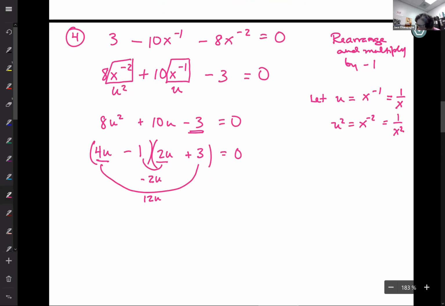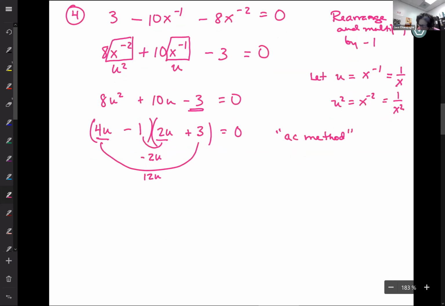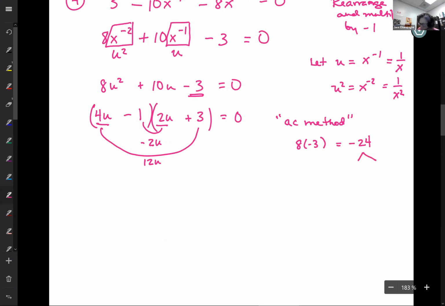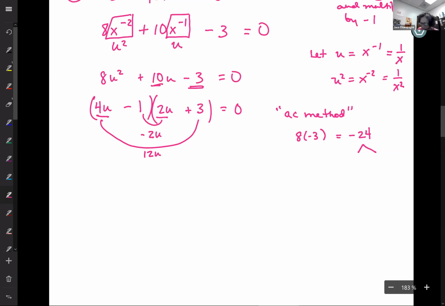The AC method, just to review that, if you prefer that, is where you take a times c, which would be 8 times -3, which is -24, and you break it back down into two numbers that add to give you 10, the middle number.